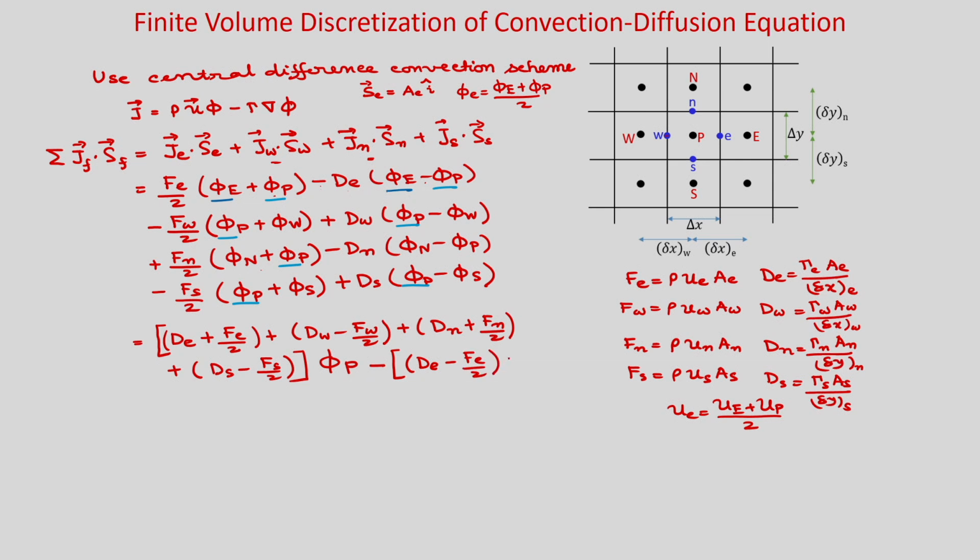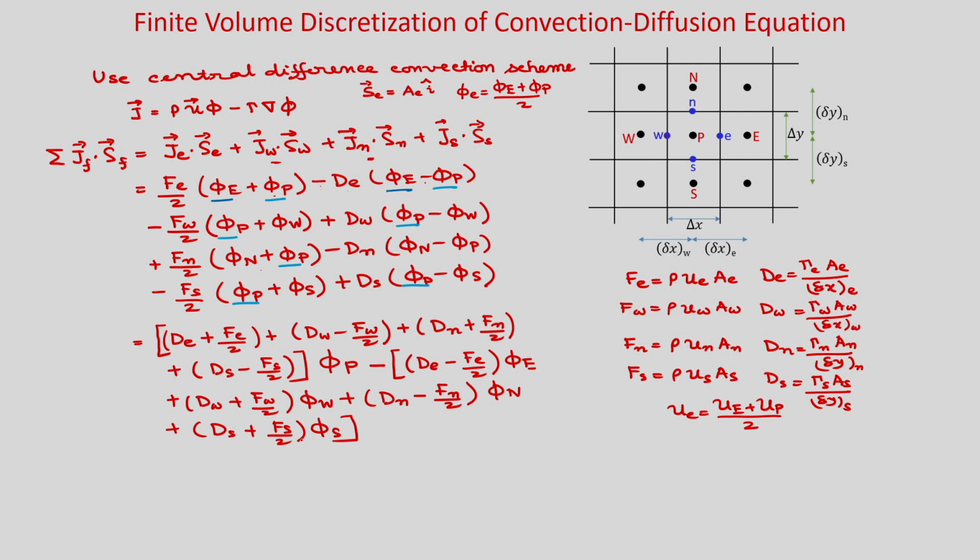So, it is minus F_e by 2 phi_E plus D_w plus F_w by 2 phi_W. Similarly, the other terms D_n minus F_n by 2 phi_N, all are neighbor terms, okay, and D_s plus F_s by 2 phi_S.